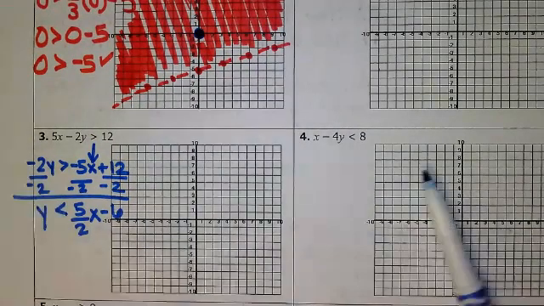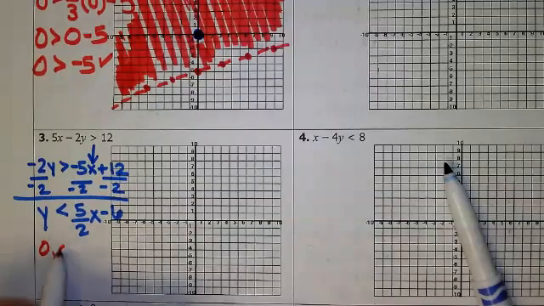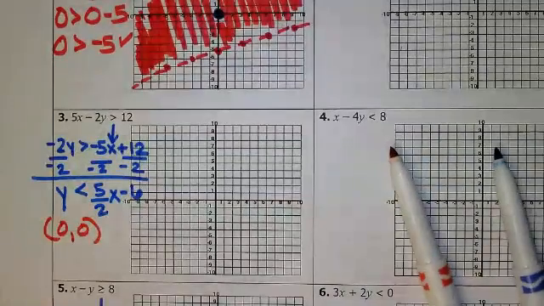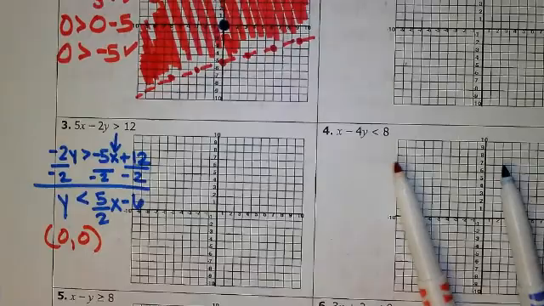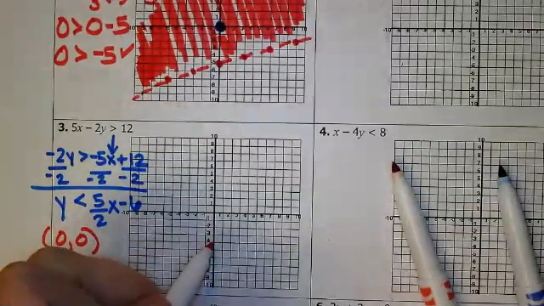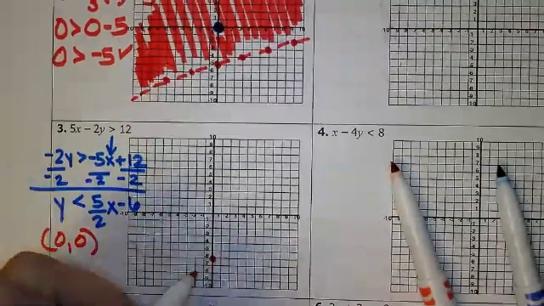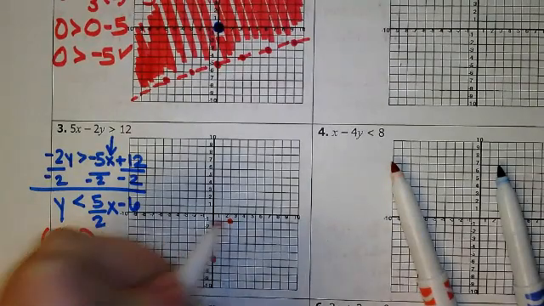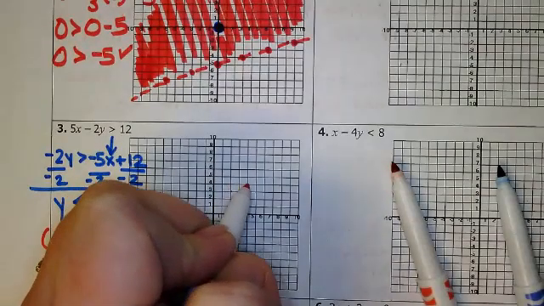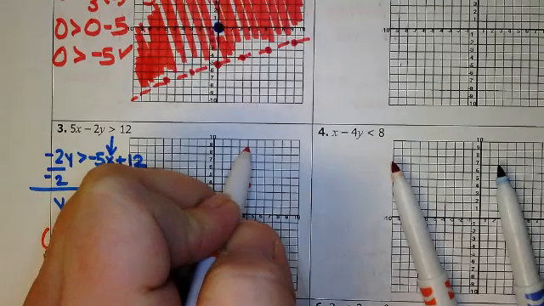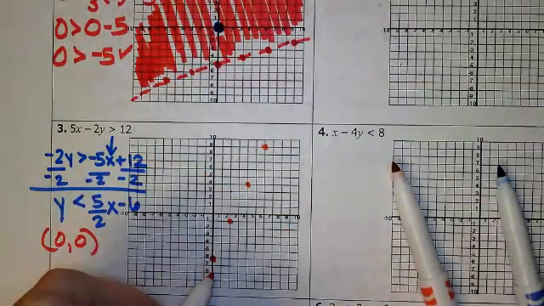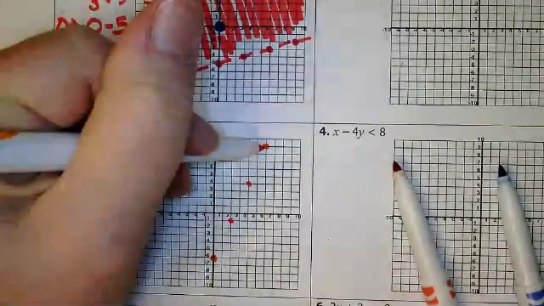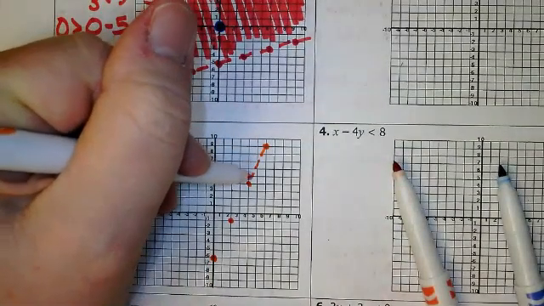So I'm going to pick an ordered pair of 0, 0, and I'm going to determine which side. So once I plot this: 1, 2, 3, 4, 5, 6, up 5 over 2, 1, 2, 3, 4, 5 over 2, 1, 2, 3, 4, 5 over 2. Okay, and we said this was a dotted line, dashed.